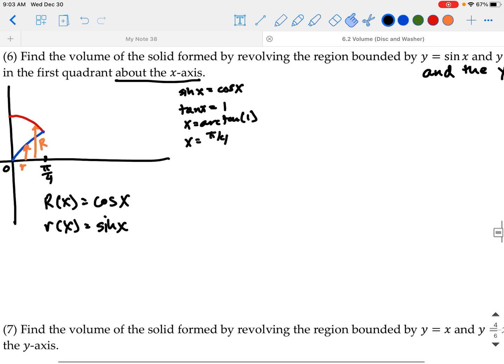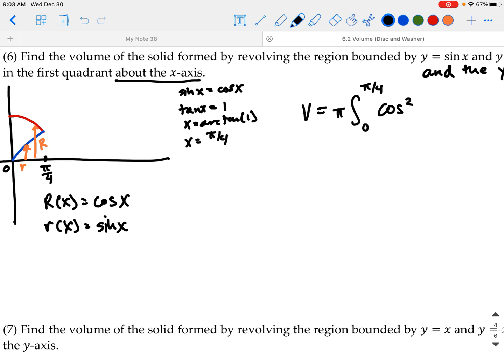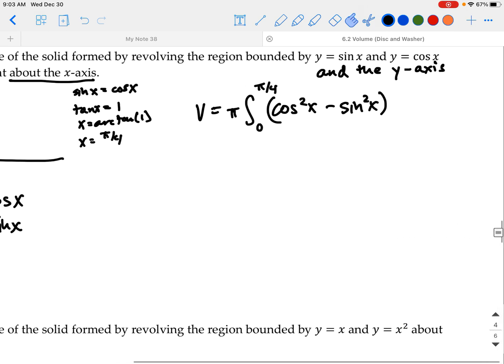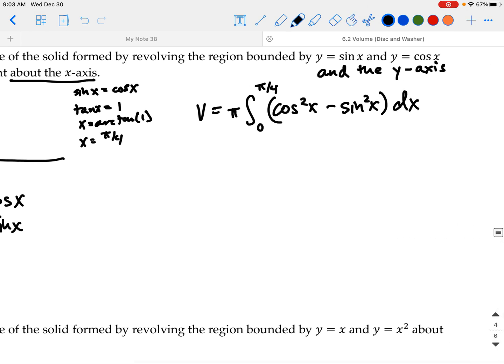So then that little region is going to be represented as a volume by pi integral 0 to pi over 4 of cosine squared x minus sine squared x, which again is going to be that familiar integral that we looked at way back when in chapter 4.